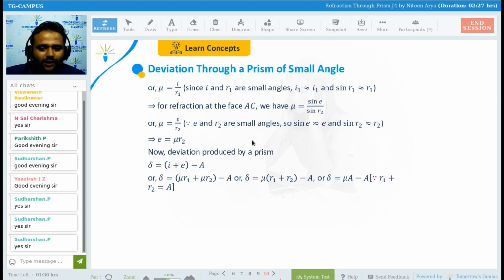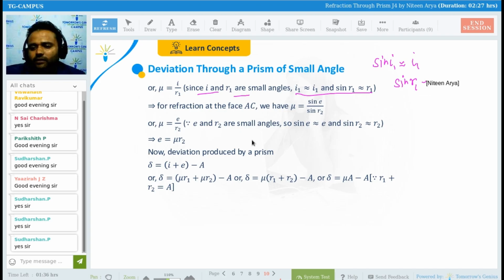Deviation through a prism of small angle: as we know, mu equals sin I by sin R1, and since I and R1 are small angles, sin I1 is going to be I1 directly, and similarly sin R1 is going to be R1 using small angle approximation.